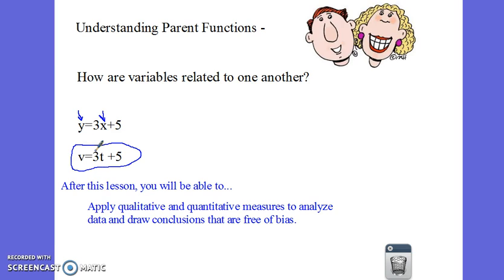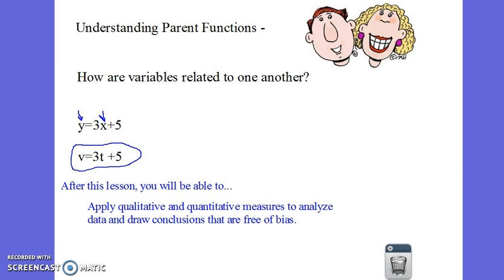So now I can graph what this would look like. And if you were to do this on your calculator, which I hope you do, it would just be a linear function. And we can say that, yes, our velocity is proportional to our time, and in a couple units we'll talk about what that means a little deeper.